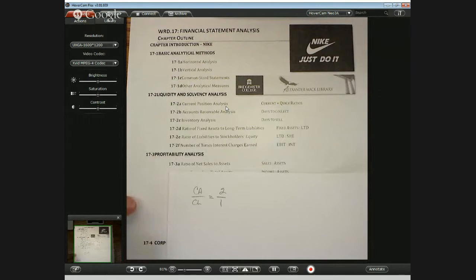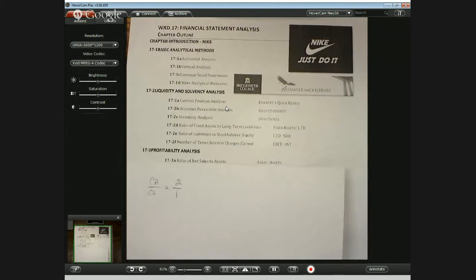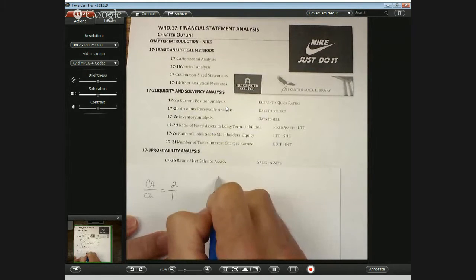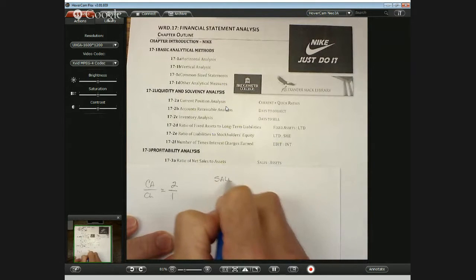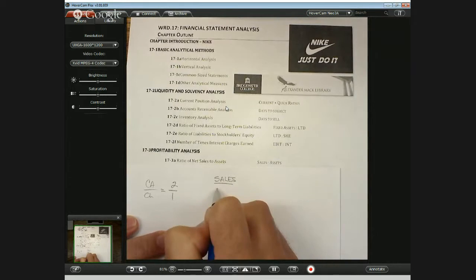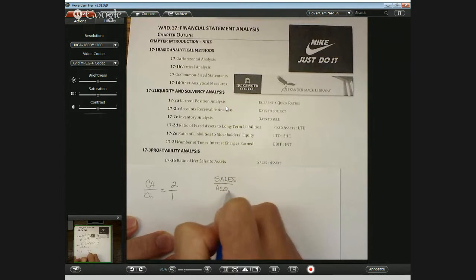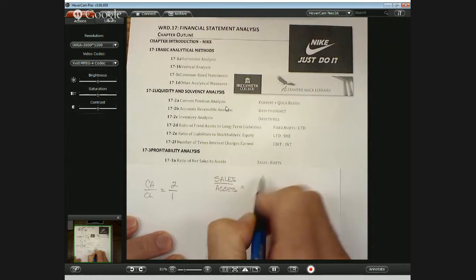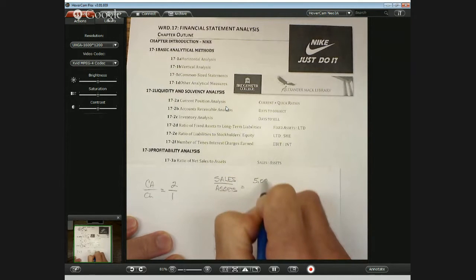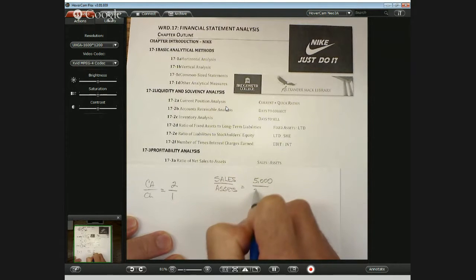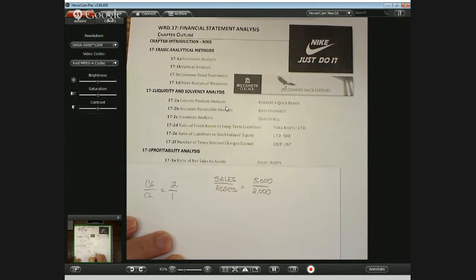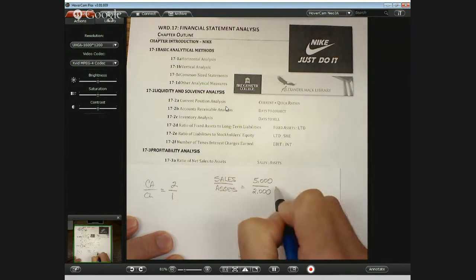Let's take a look at another ratio here. For example, the ratio of net sales to assets. So that would be a ratio of a company's sales to the company's total assets. And let's say a company had $5 million in sales and it had $2 million of total assets.